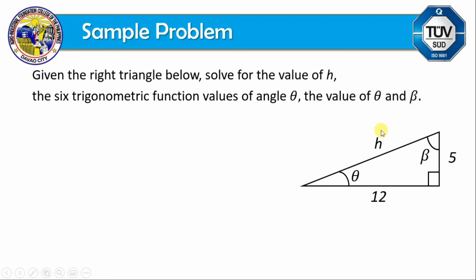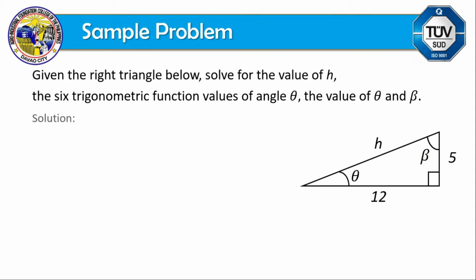So we need to find the value of side h, the 6 trigonometric function values of angle theta, the value of theta, and the value of beta. So, how do we solve this?